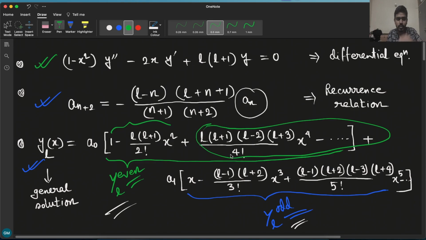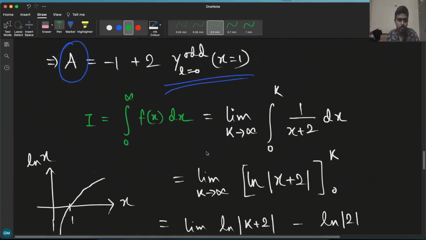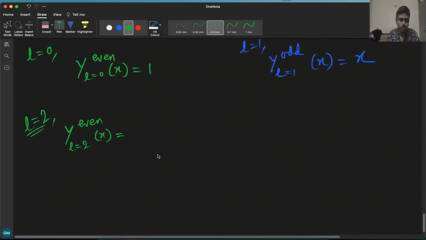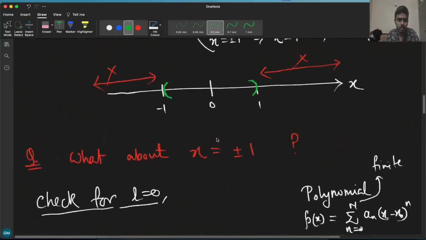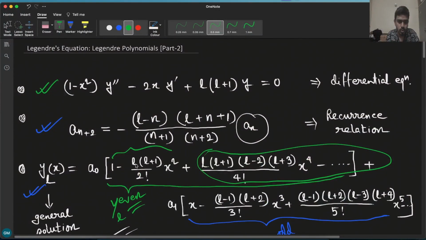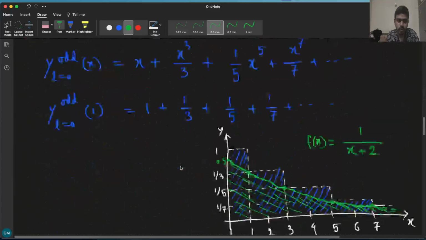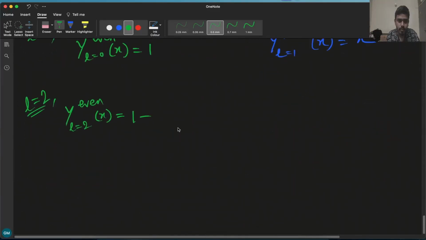Which is 1 minus, L is 2, so 2 divided by 2, and 2 plus 1 is 3, so it is 1 minus 3x square.